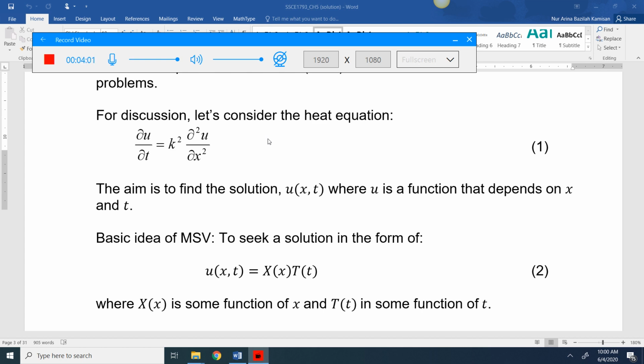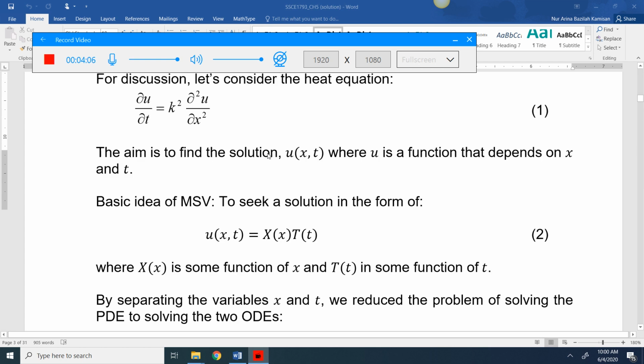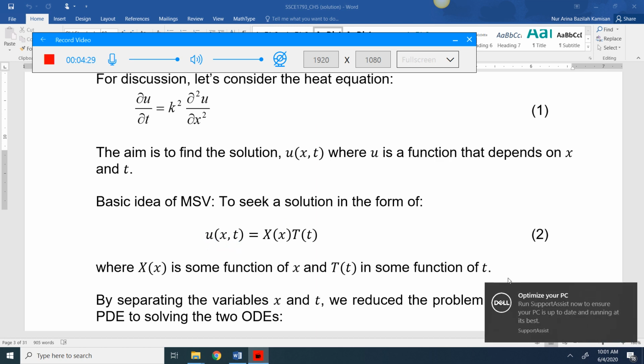You are trying to solve differentiation. So in order to solve this equation, they use the method of separation of variables. The general solution will be like this: u(x,t) equals X(x)T(t). It means that if the equation is u(x,t), the general equation should be a combination of variables of x and t.